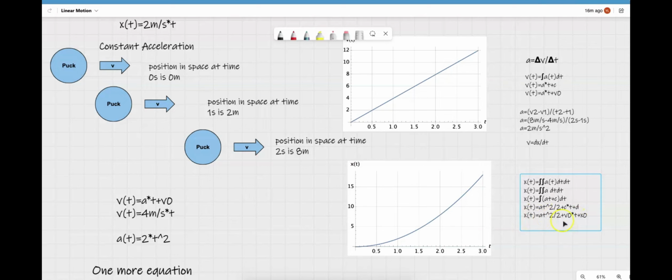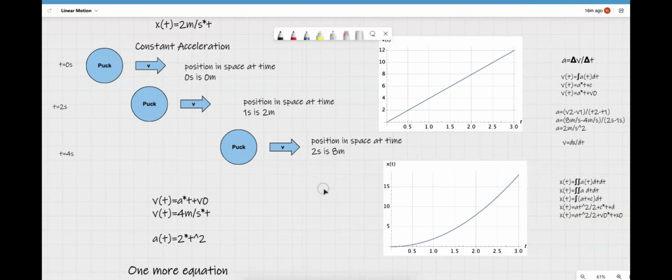You'll see this equation written the other way around sometimes, but it's the same equation, starting with x naught, then velocity, then acceleration. And solving, as we did before, we get the equation of this motion is 2 times t squared.